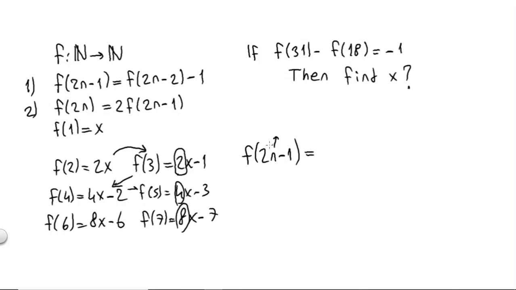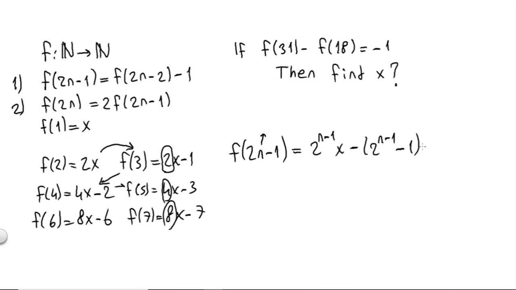So I'm just getting 1 less than n. So I get 2 to the n minus 1 times x, and I'm subtracting something that is 1 less than this power of 2, so it's 2 to the n minus 1, minus 1. Now if I factor out this 2 to the n minus 1, it's going to be x minus 1, plus 1. Okay, cool. Well, it's quite simple.